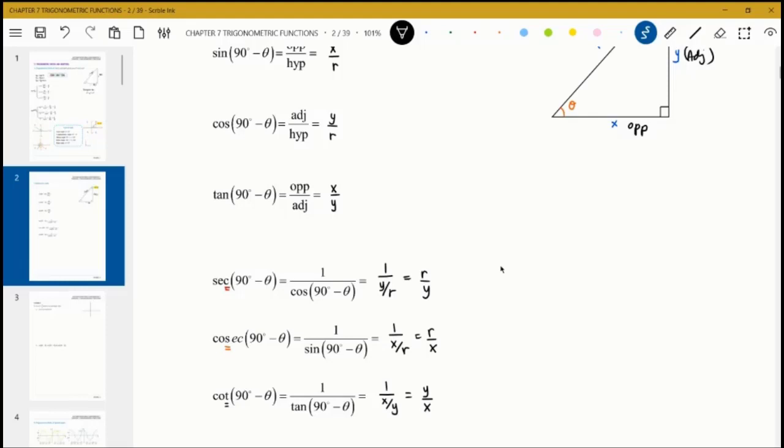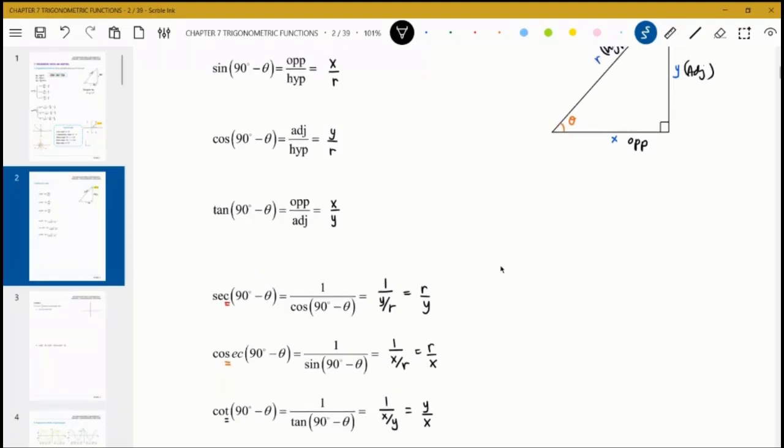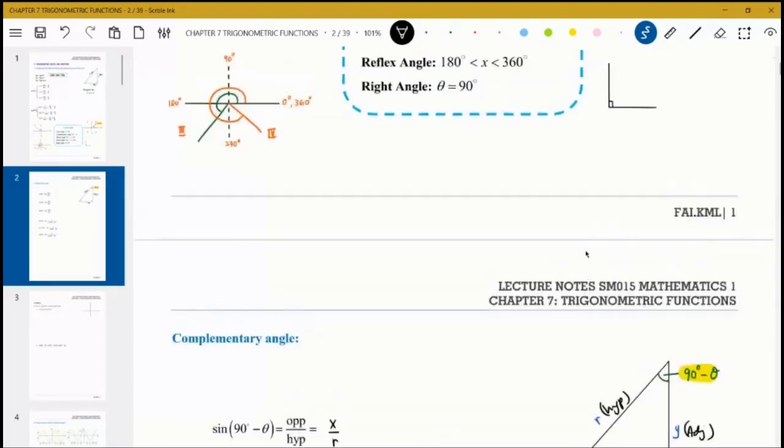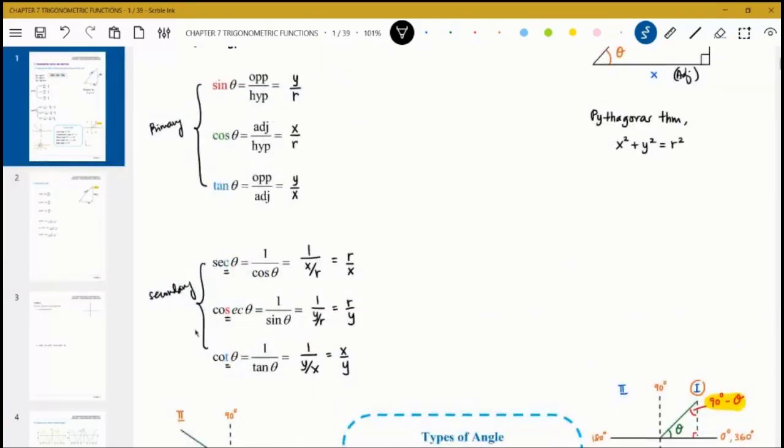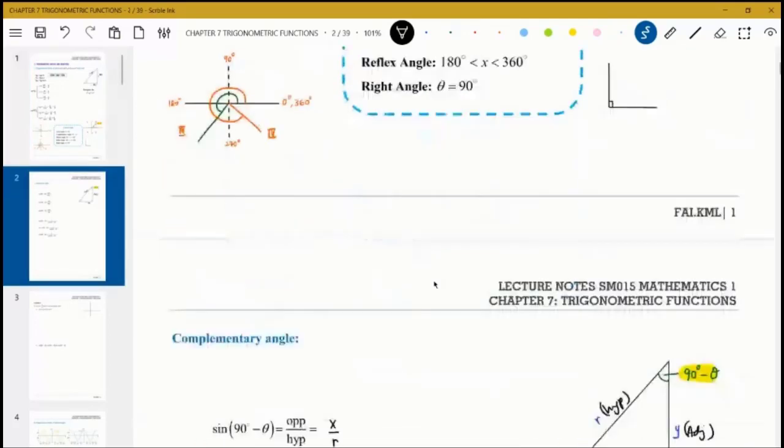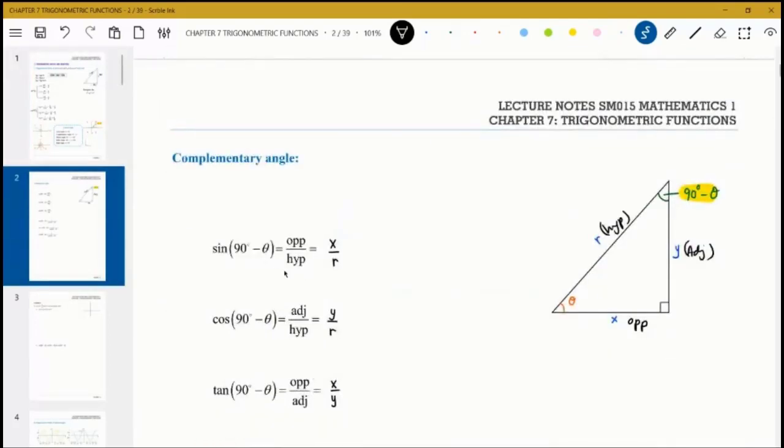Okay, so kalau kita compare these 6 values dengan yang tadi, kita boleh nampak related dia. Kita akan dapat relation dia adalah sin 90 minus theta adalah sama dengan cos theta.